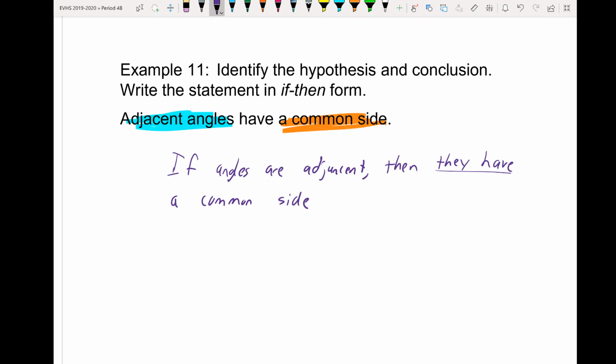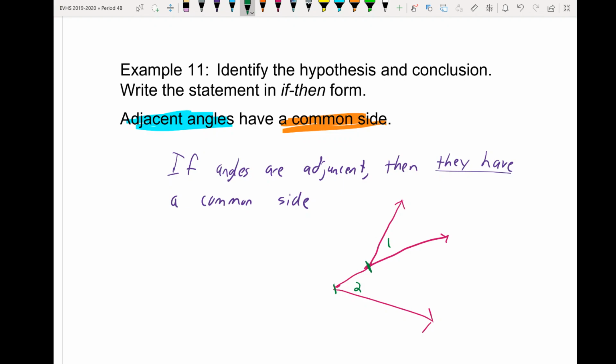Yes, sir? This one will be a biconditional? Yeah, that's what I thought. If angles have a common side, then they are adjacent. Possibly. Let's test it. So the side of an angle is the ray of it, right? What if I did this? Do angle 1 and angle 2 share a common side? Now, you would argue about whether or not the side starts here or starts there, but this is the type of outside cases or edge cases you have to consider.